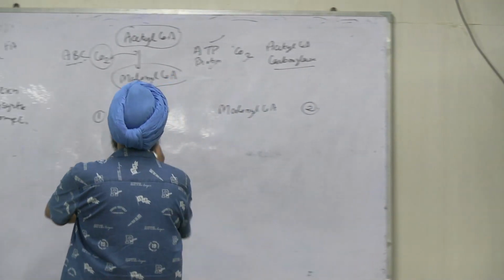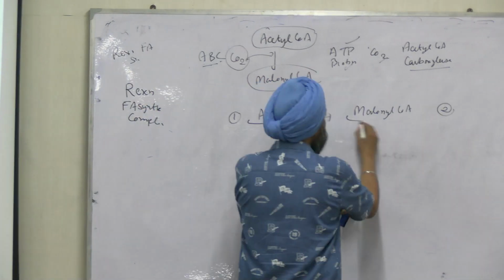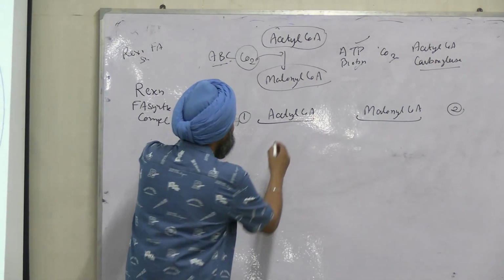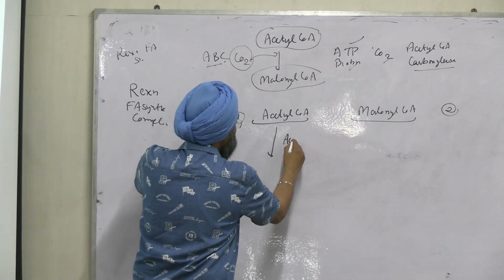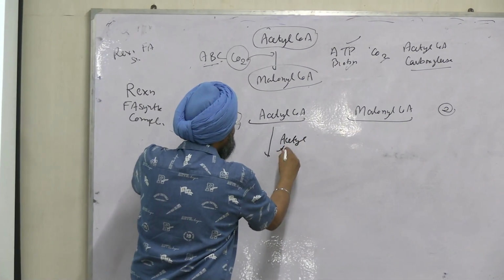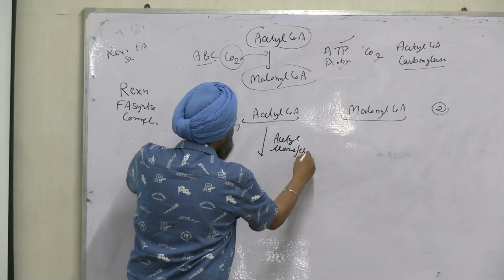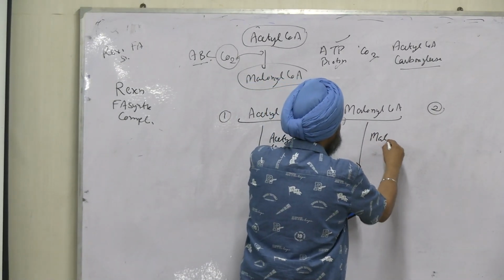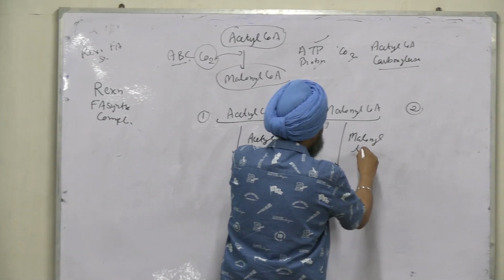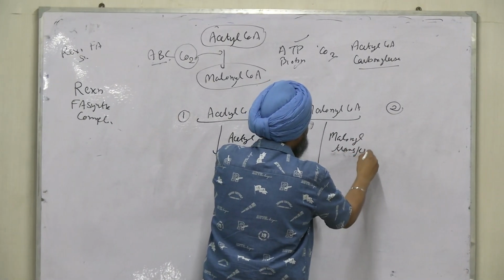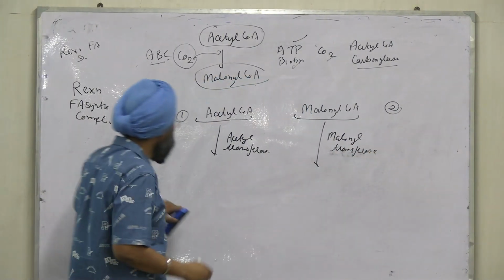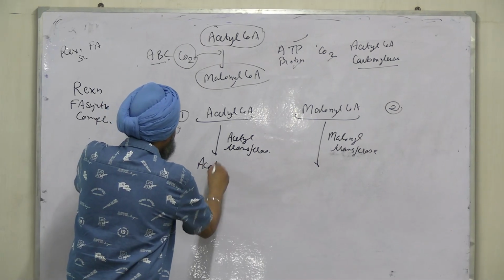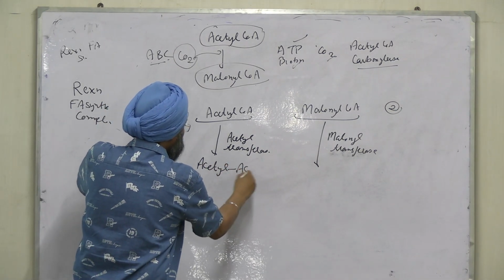So we have acetyl CoA and malonyl-CoA, right? What do we use? We use acetyl transferase and malonyl transferase. We will get acetyl ACP.